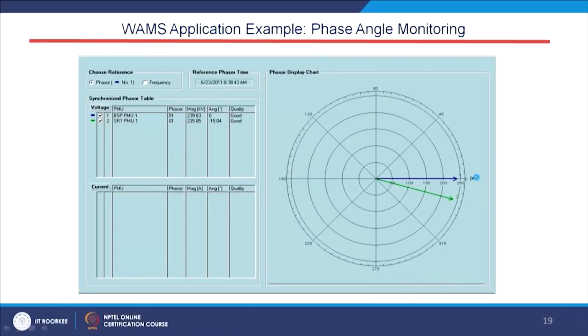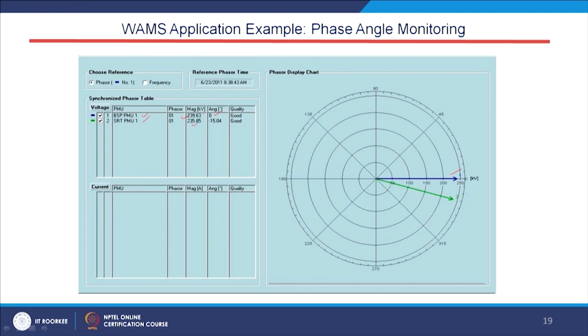This is one snapshot of a WAMS application for phase angle monitoring. You can see here two buses where we have placed PMU 1 and PMU 2. For the first PMU, the voltage magnitude is 239.63 and the angle is 0 degrees, and this is the phasor position, as you can see in this circle.